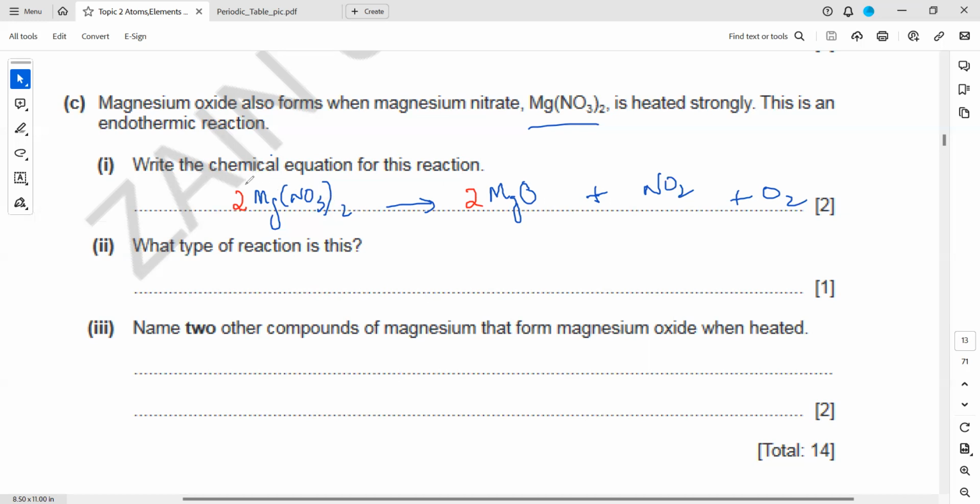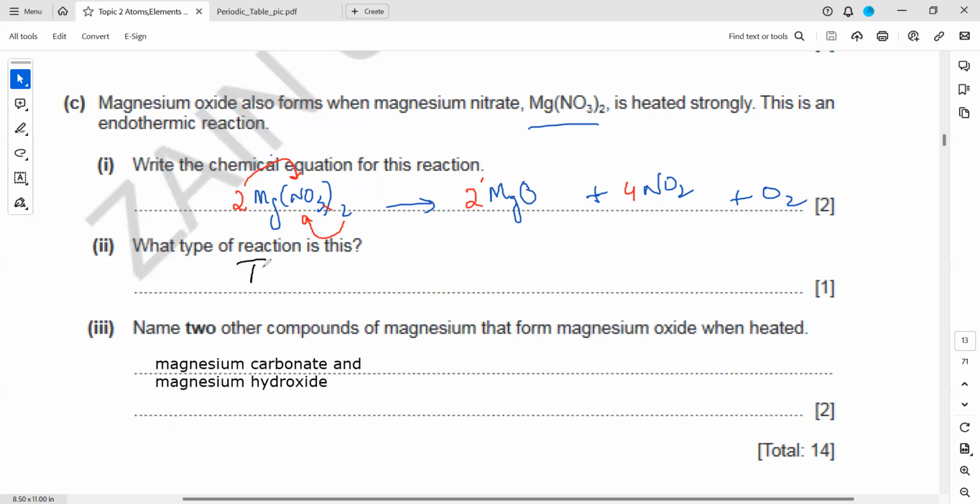And nitrogen is how much? This is 2 multiplied by 2 makes 4. So we want to make 4 nitrogen. So it will be 4 NO2. So 2 plus 8, 10, and 10 plus 2 makes 12. And 3 multiplied by 2, 6, multiplied by 2 makes 12. So this is a balanced equation for the thermal decomposition of magnesium nitrate, which gives magnesium oxide plus nitrogen dioxide plus oxygen.